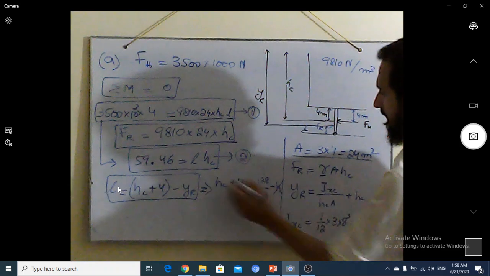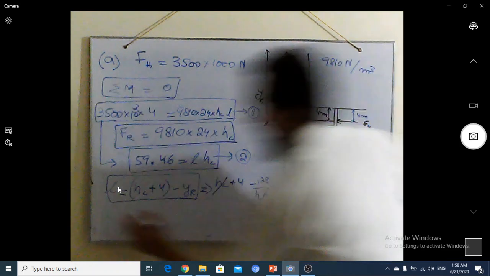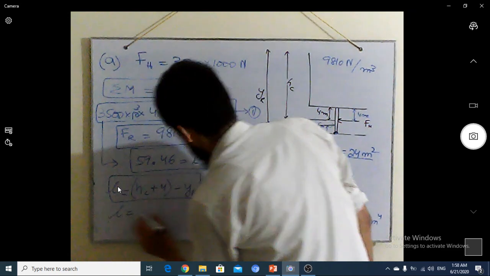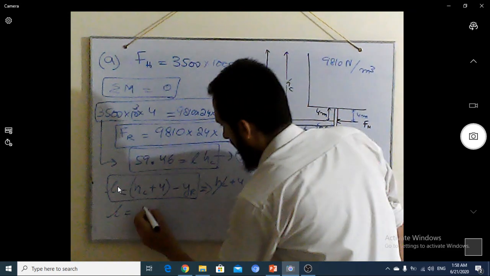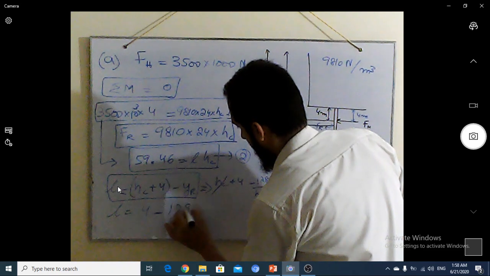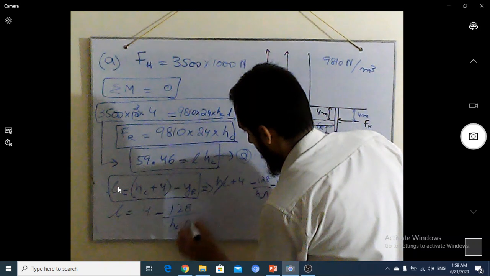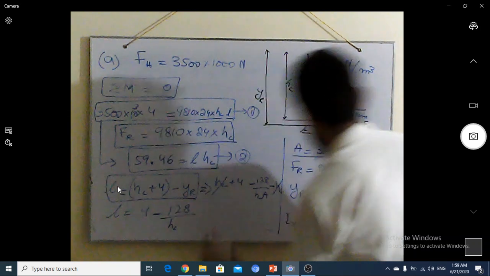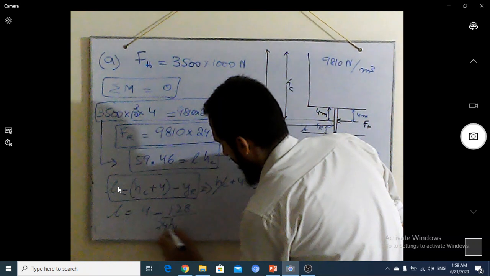This HC cancels out the HC, so L will be equal to 4 minus 128 over HCA, and A has a value of 24, so we can write here 24 HC.